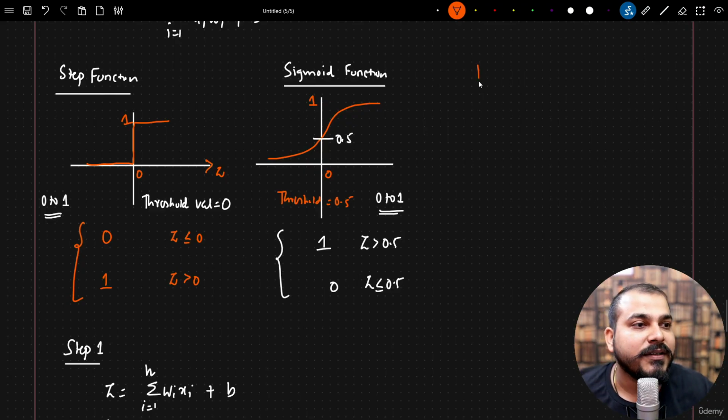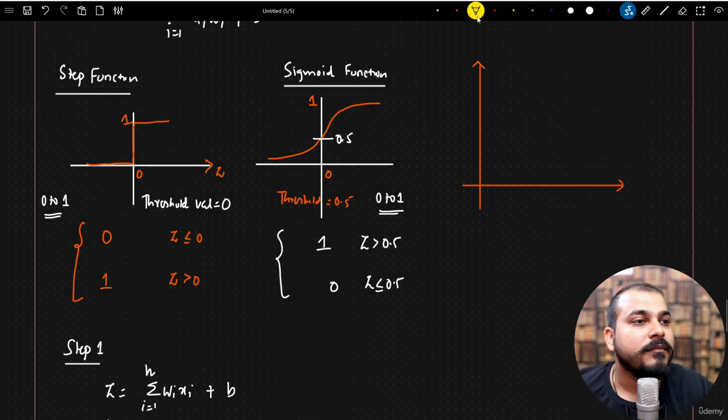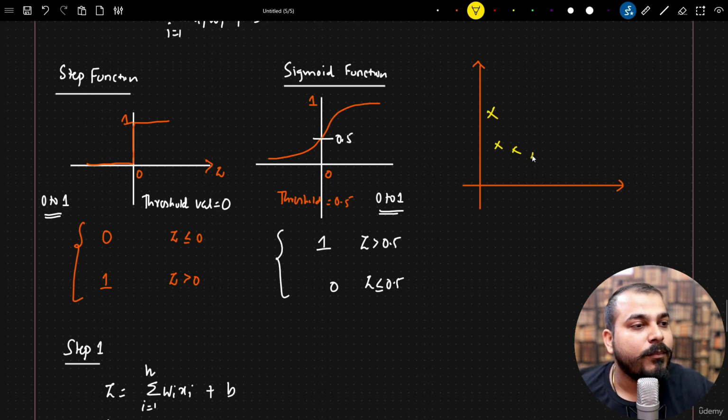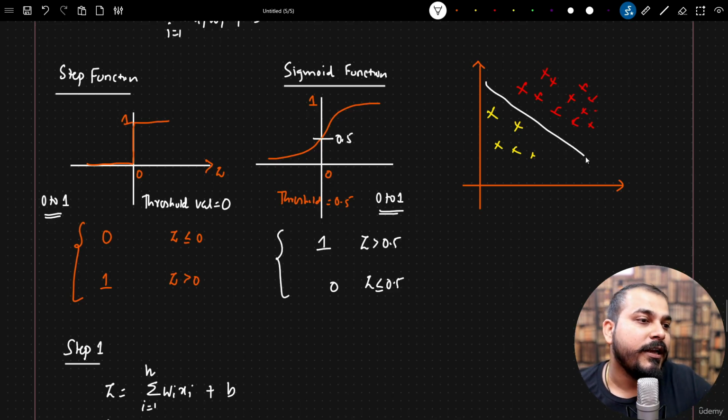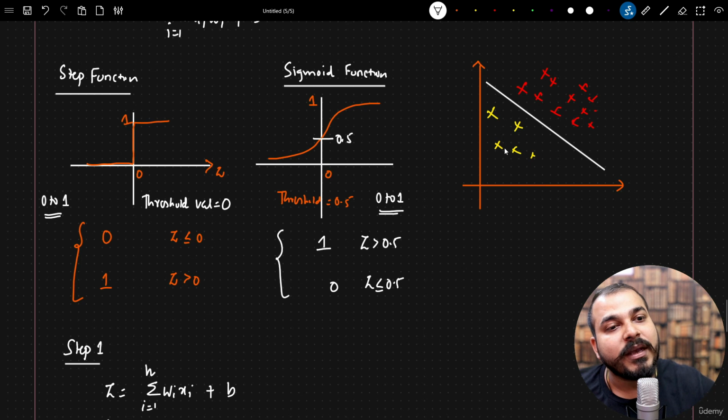Now, what are we able to do with step 1 and step 2? Let's say I have a classification problem where I have 2 specific points like this. With the help of Perceptron, we are basically able to create a linear line which will be able to separate both the specific points.